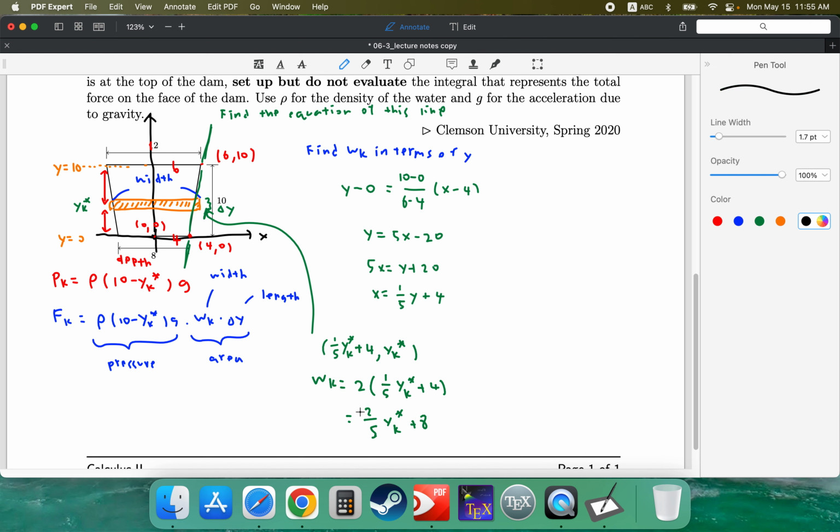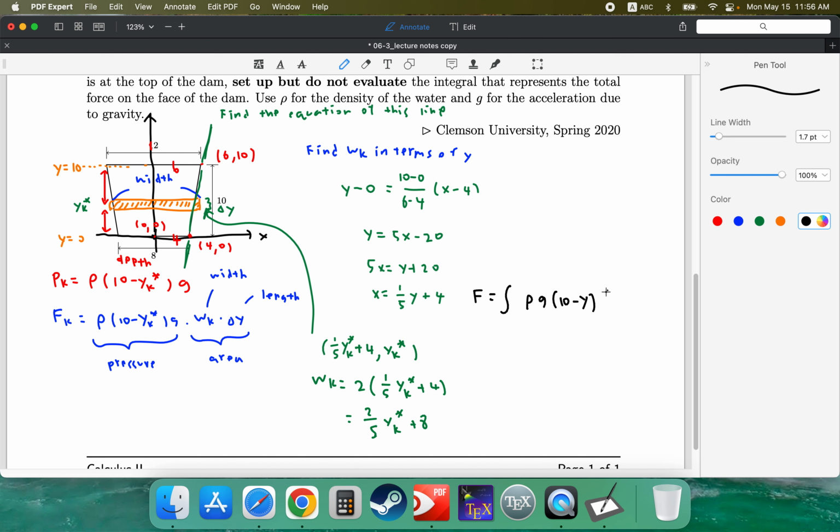So if I put this wk right here, then I can have my formula. The force is the integral of rho g times (10 minus y). 10 minus y is the depth, times the width.